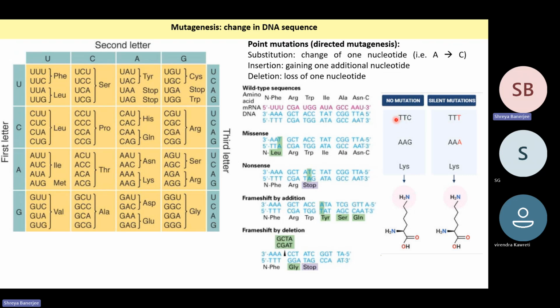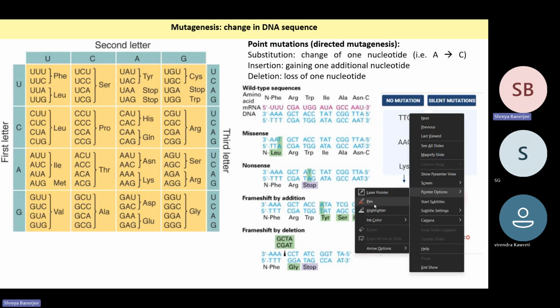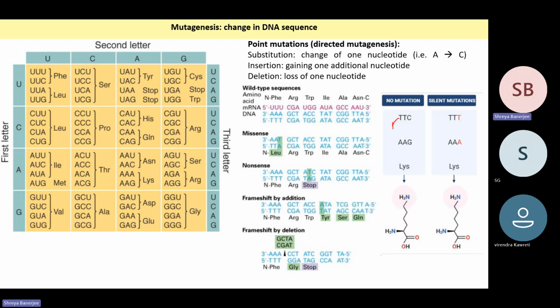But interestingly, TTC, so this is T in DNA, in RNA it will be U. So UUC is coding for phenylalanine. Interestingly, TTT also codes for phenylalanine. So you can see both UUU and UUC code for phenylalanine.